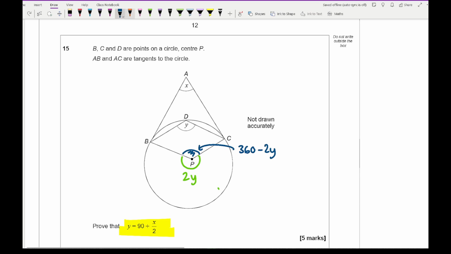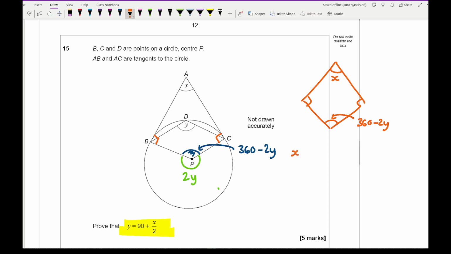Then from the shape, if we know that AB is a tangent, then a radius meets a tangent at 90 degrees. And because we know that P is the centre, the line PB is going to be the radius. So taking this shape, if I draw out again a really rough sketch, this is 90, this is 90, this is x, and this angle here is 360 minus 2y. We know that all of those four angles add up to 360 because it's a quadrilateral.